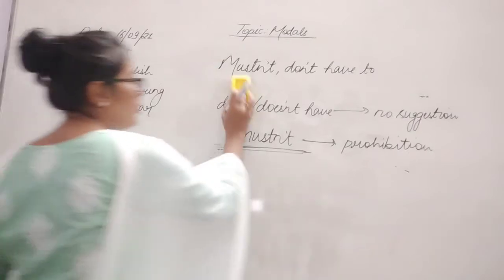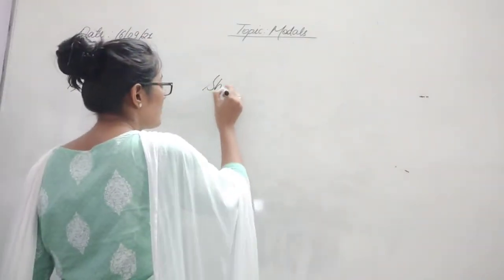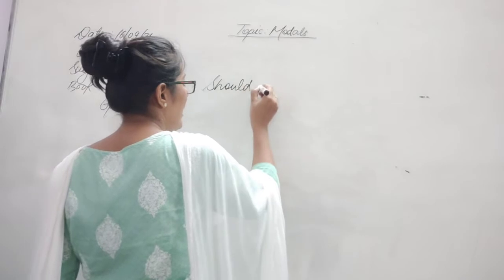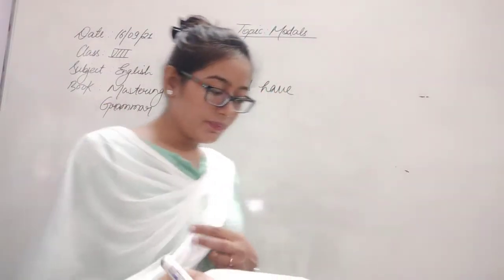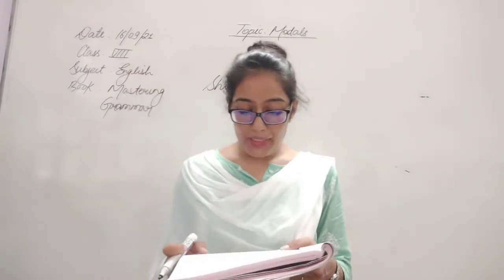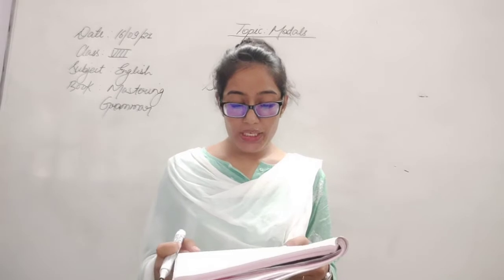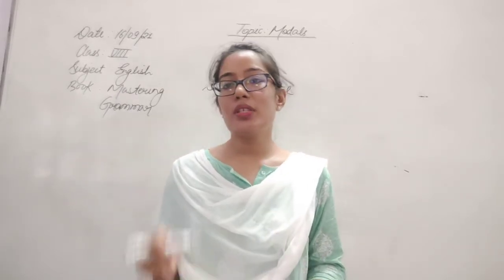Now, should have. Let's move on to another subtopic. Should have. Okay, beta. So should have done means that it would be the right thing to do, but it wasn't done.